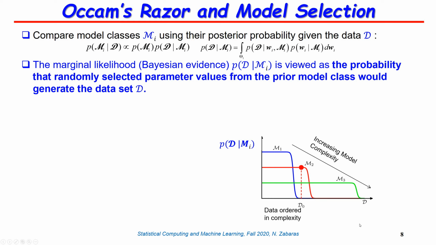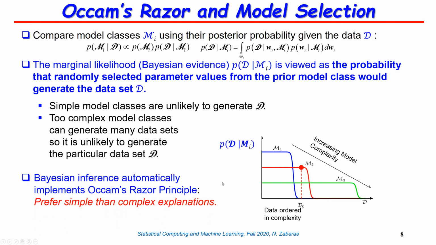From this schematic, you can see that the Bayesian approach to model selection, for this data set D0, selects a model of some intermediate complexity. This is consistent with the Occam's razor principle that we discussed in an earlier lecture, which says to prefer simple over complex explanations of your data set.